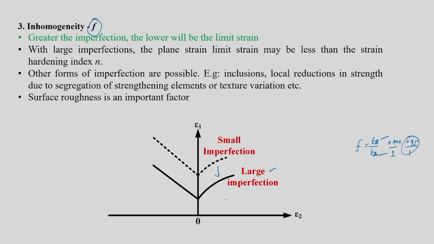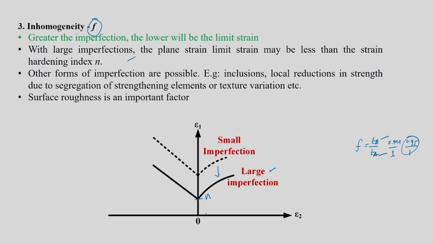With large imperfections, the plane strain limit strain may be less than the strain hardening index also. Theoretically we say FLD0 would be equal to N, but as per our previous discussion, it may not be so in materials with large imperfection. That means it may not even reach the N value. It may fail before that.